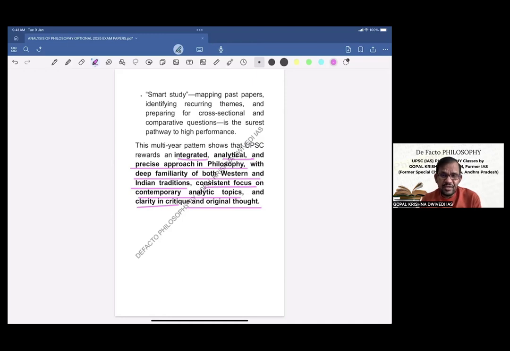This year's paper particularly, I can say, is even different from previous years' UPSC papers. If you compare, that kind of preparation is required for answering this kind of question paper.